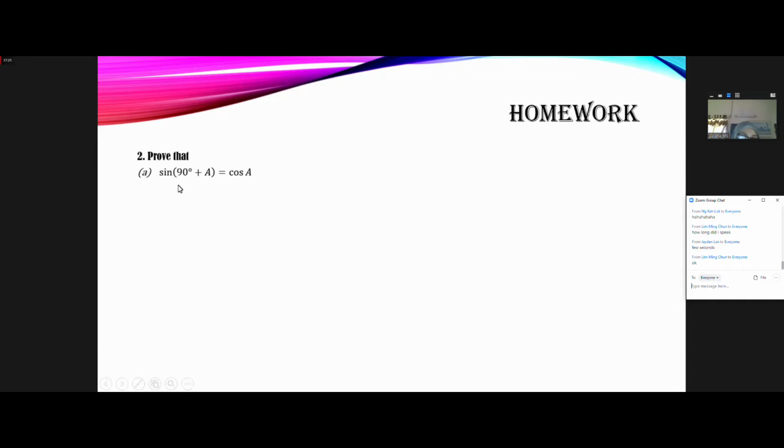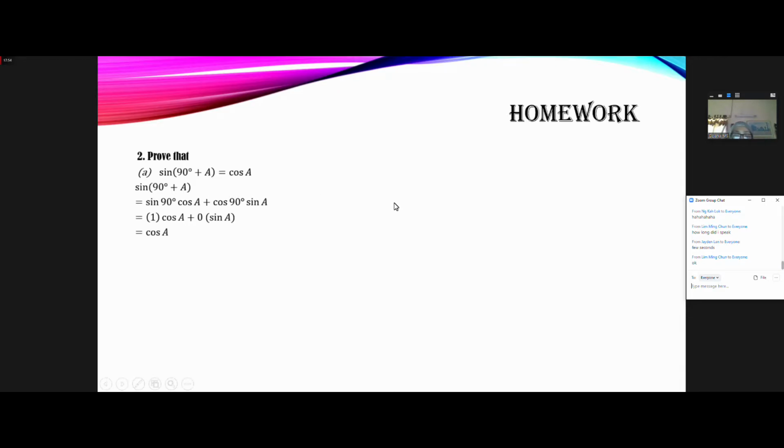So open up the left hand side. Sine 90 plus A is sine 90 cos A plus cos 90 sine A. The one that has a number, you can just press your calculator to get the value. So sine 90 is 1, cos A is cos A, cos 90 is 0 and sine A. Once you times the 0 with anything, it's still 0, right? So you are left with cos A. Okay, that's it.